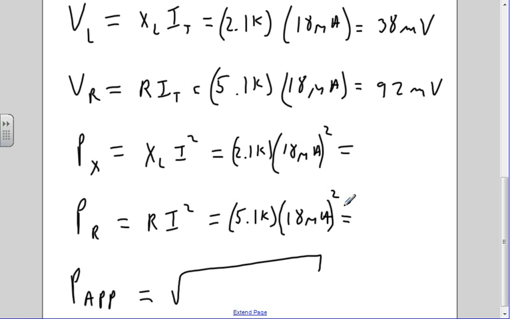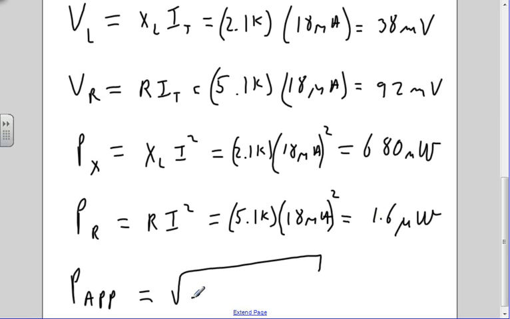2.1E3 times 18E-6, squared, is 690 nanowatts. 5.1E3 times 18E-6, squared, equals 1.6 microwatts.